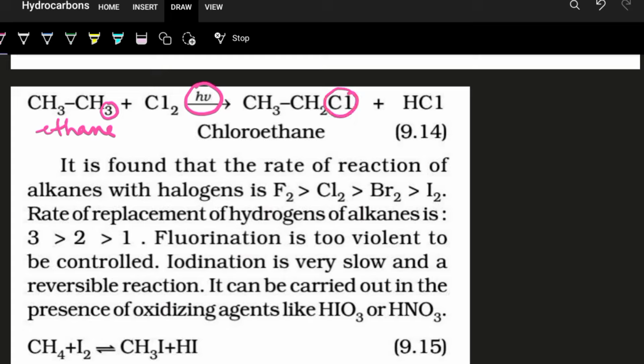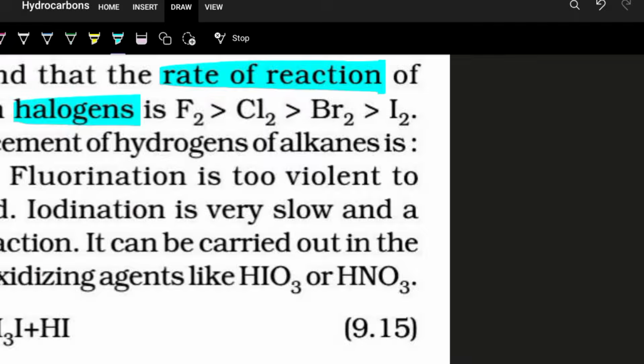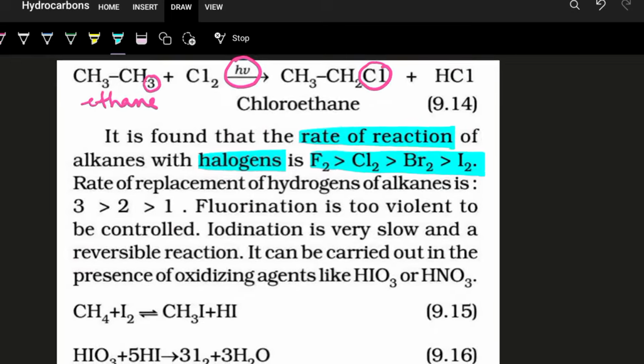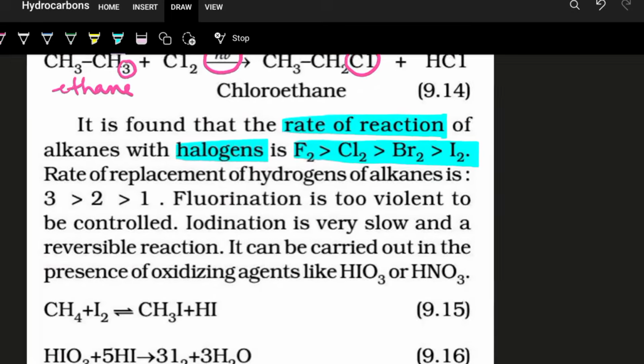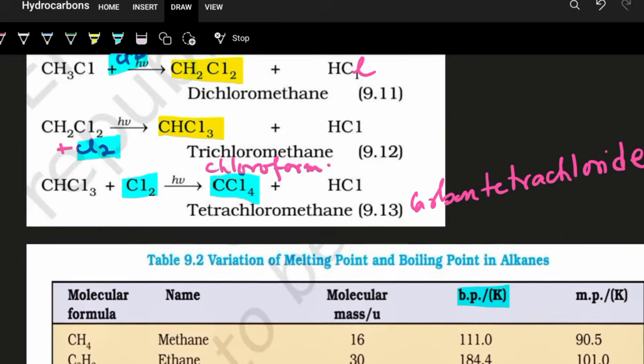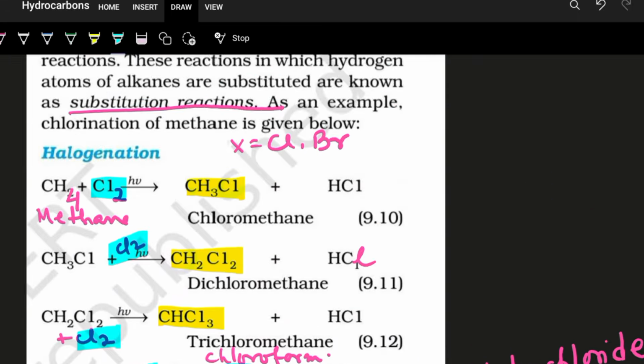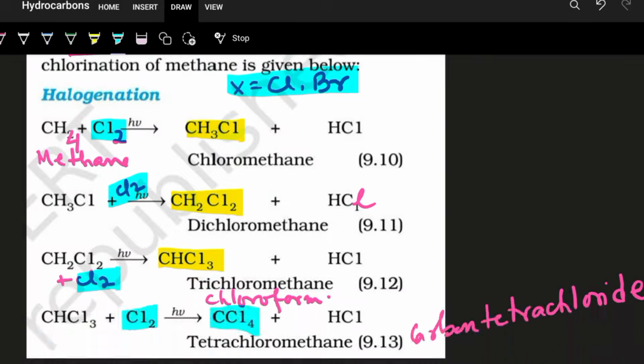So it is found that the rate of the reaction of these alkanes depends on the type of halogen that you are using. It is fastest for fluorine, then chlorination, bromination, iodination. But then why am I not showing you the example of fluorination, and why did I say that it is better if X is equal to Cl or Br?